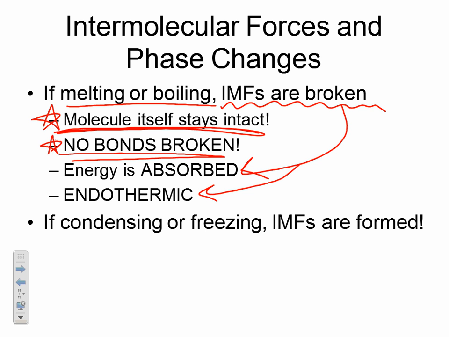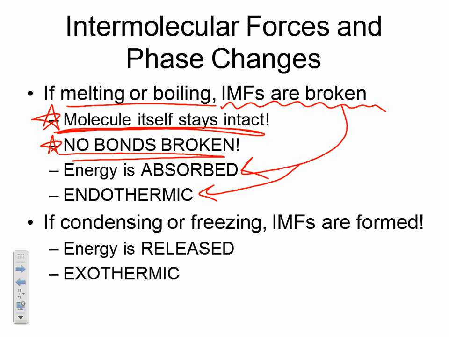On the other hand, if we are condensing or freezing and we are bringing our molecules closer together and forming intermolecular forces of attraction, you are making the molecules more stable. You are making the set of molecules together more stable. They're forming attractions with one another. That is an exothermic process. That is releasing energy. A solid is at a lower energy than a gas is.